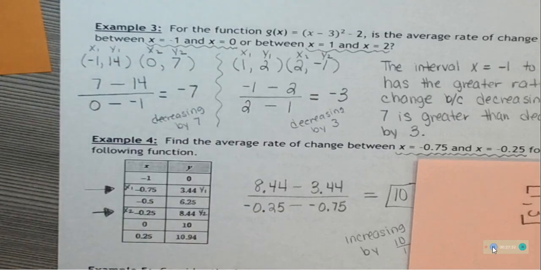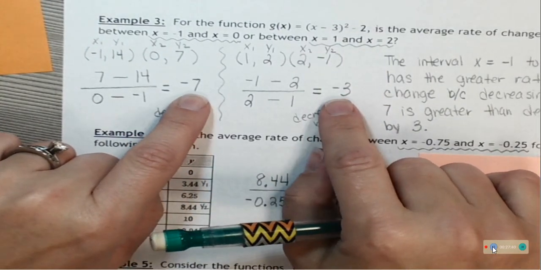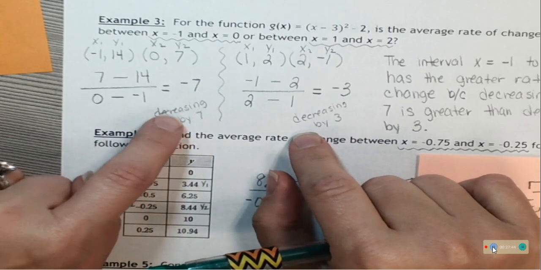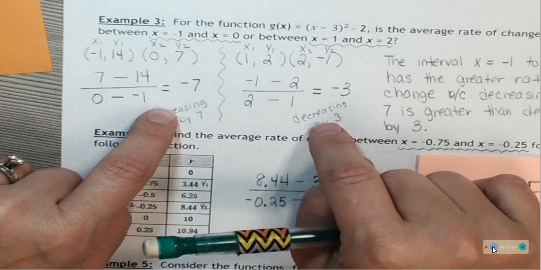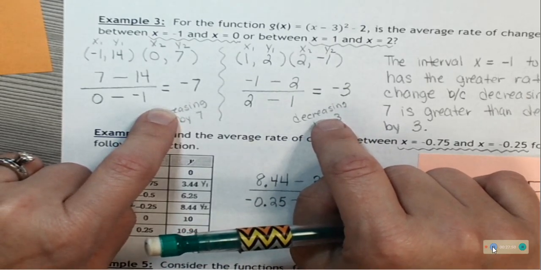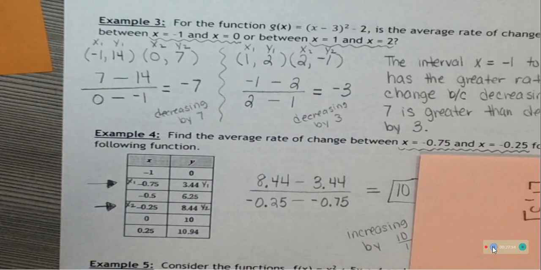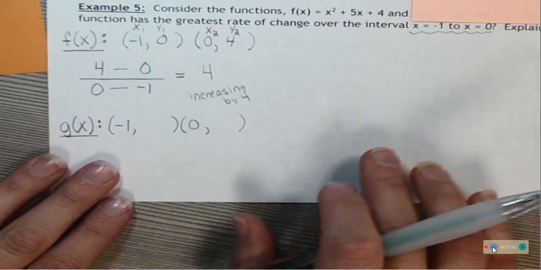Well, I thought you wanted the greater one. Wouldn't negative 3 be greater? Oh, than 7? So on a number line, yes, I see what you're saying. On a number line, -3 would be greater. But you're talking about how fast they're changing. If you're decreasing by 7, that's happening faster than decreasing by 3. It's the absolute value. It's whatever number's bigger, whichever number's happening faster. Doesn't matter the direction. That's an excellent question.